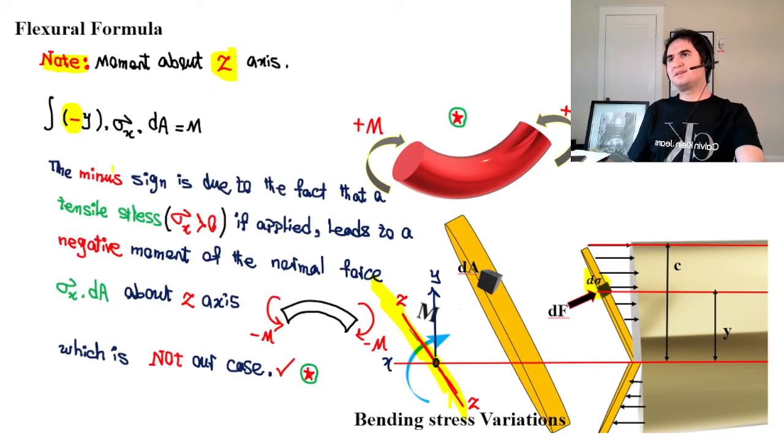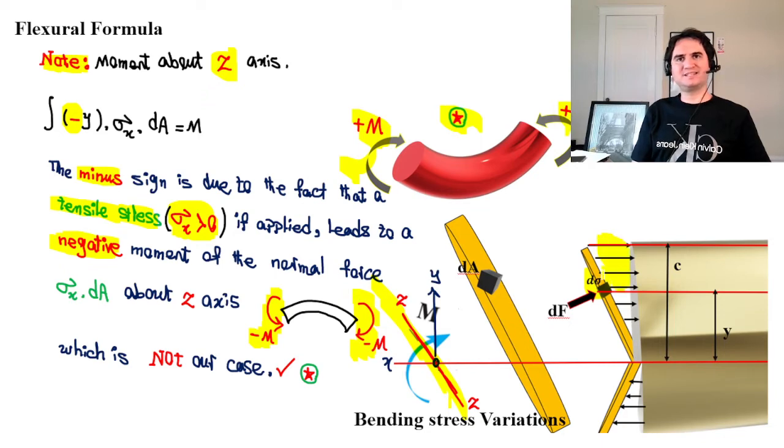So the minus sign says, if we use a tensile stress, where sigma x is greater than zero in tension, it gives you a negative moment, which is not our case. This is a negative moment which pulls the top, but our case is a push at the top section, as you can see in the figure and also in the moment sample.